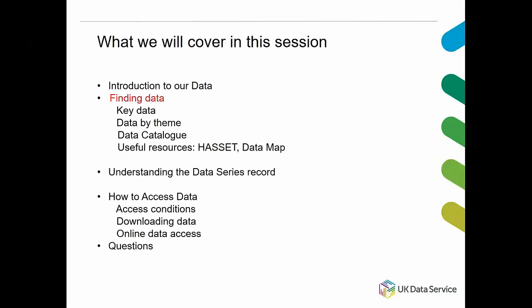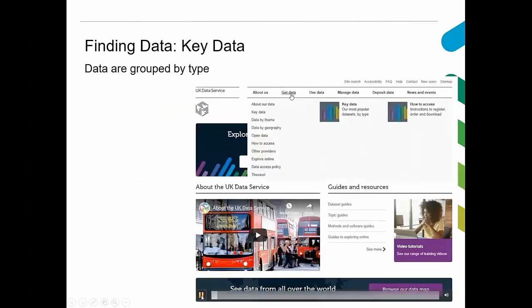Now I will talk a little more about our resources for finding data. First of all, you could find the data by going to our main homepage, using the Get the Data tab and selecting the Key Data menu.